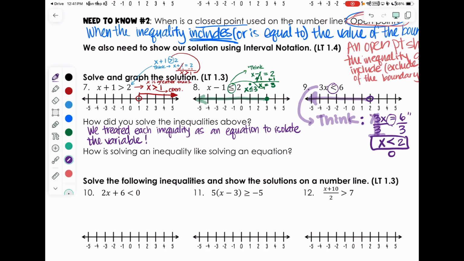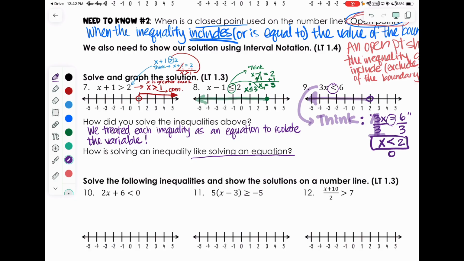How is solving an inequality like solving an equation? Nathan? Yeah, you have to replace the inequality with an equal sign. But how is it similar to solving an equation? For both, you have to isolate the variable. Isolate the variable by?